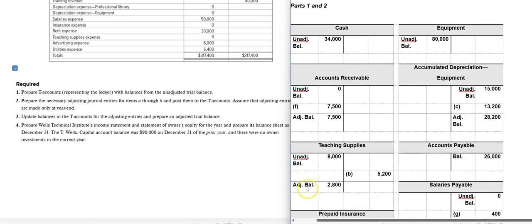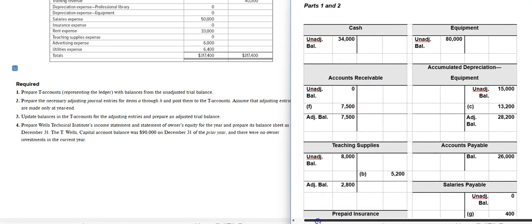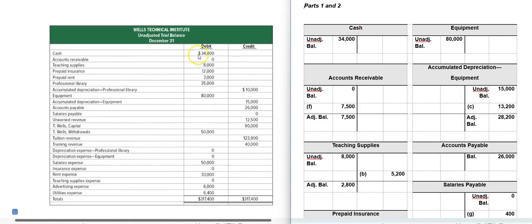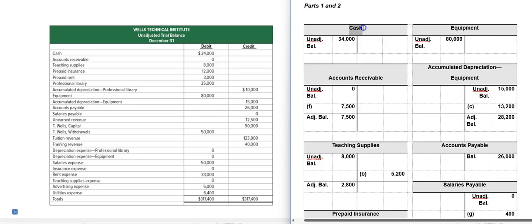So I'm pulling up on the right all of the accounts that are listed in the unadjusted trial balance, and we're going to enter their balances. For example, here is the cash account represented in T form. This is the balance that was in the account prior to adjustments being made, so this is the unadjusted balance.